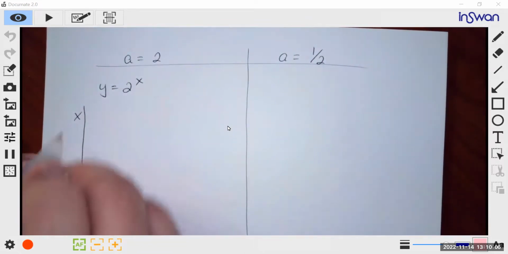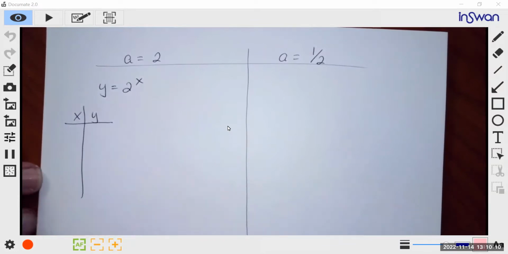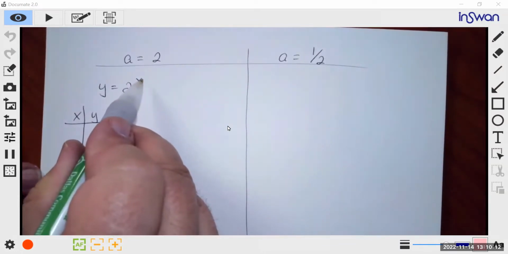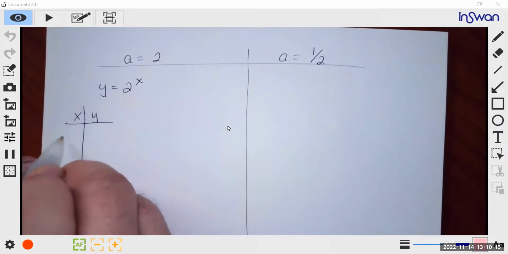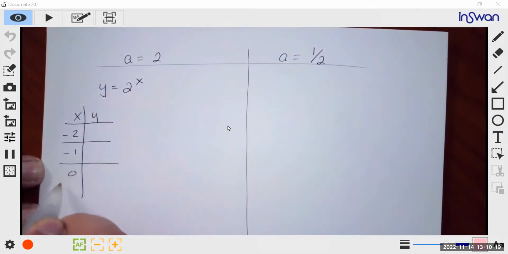We could plot some points here. Remember, the domain is all real numbers. I could pick negative numbers, I could put 0, and I could put positive numbers in there.